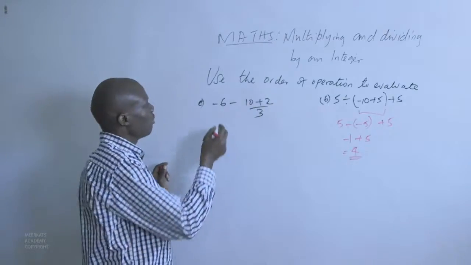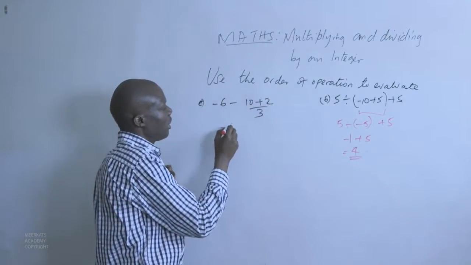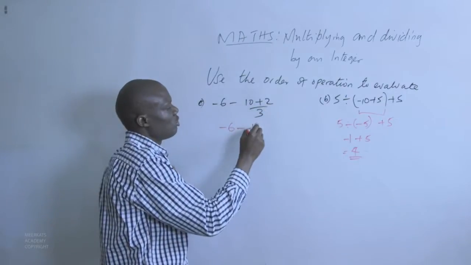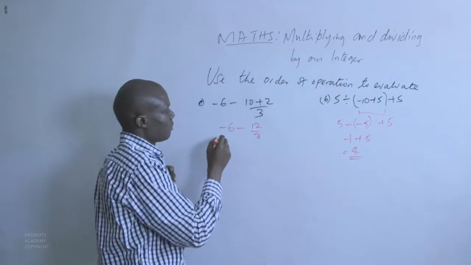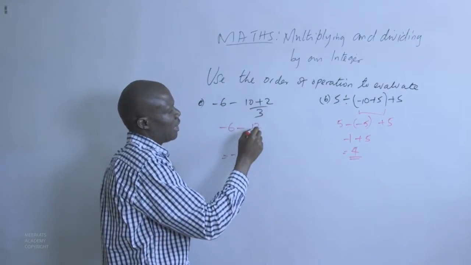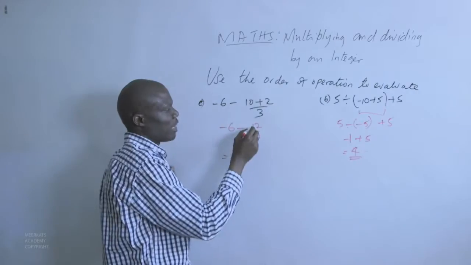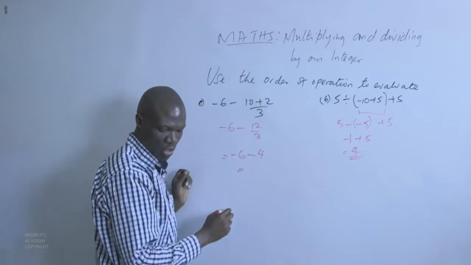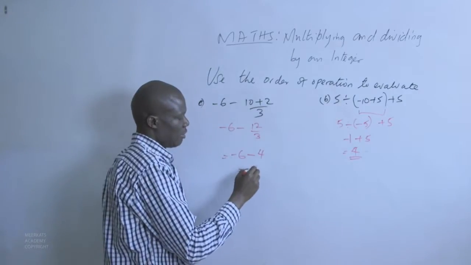When you work that out, it will be rewritten as negative 6 minus 10 plus 2, which is 12, over 3. This one will give us negative 6 minus 4. This one will give us negative 10.